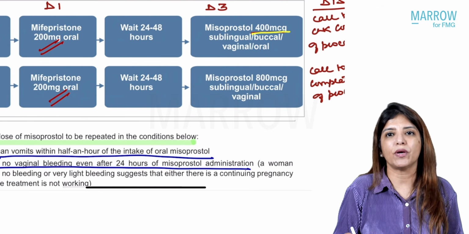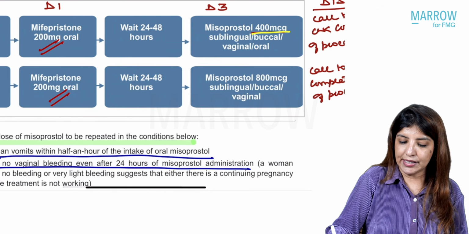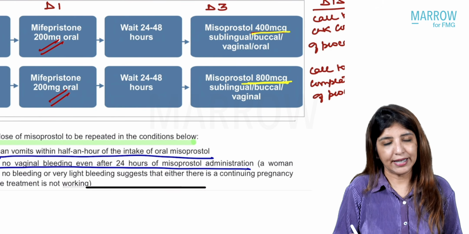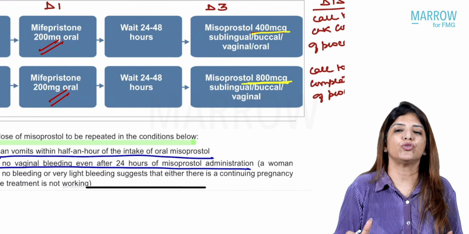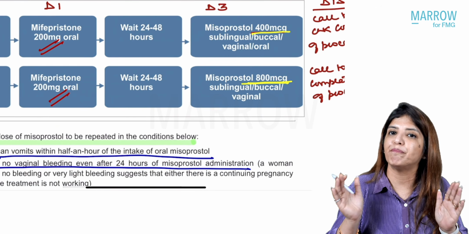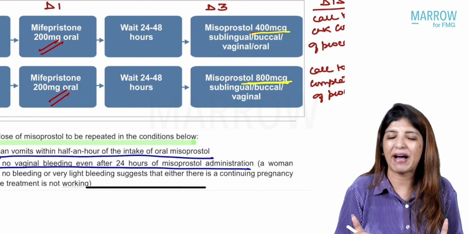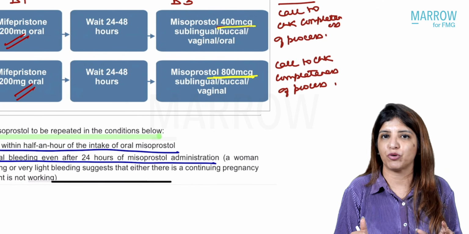But if you are doing medical abortion between 7 to 9 weeks, then it is 800 micrograms. Clear? Then in both these cases, you are going to tell the patient that she has to come back to you on day 15. Why are you calling her back on day 15? To check for the completeness of the process.